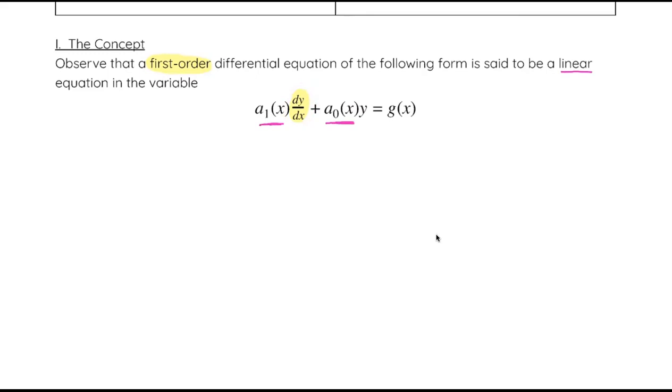Now, like we did yesterday, we're going to think about how life is sometimes easier if coefficients are 1. And so here I notice that I have a sub 1 of x, so some function of x. If I wanted to make this initial coefficient equal to 1, what could I do?